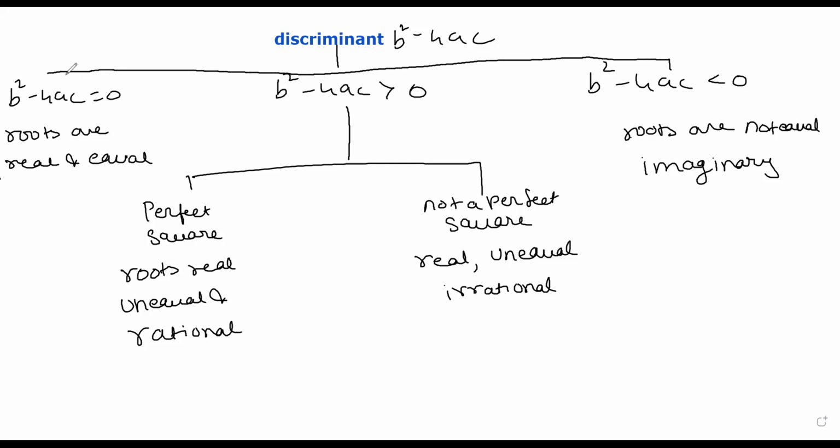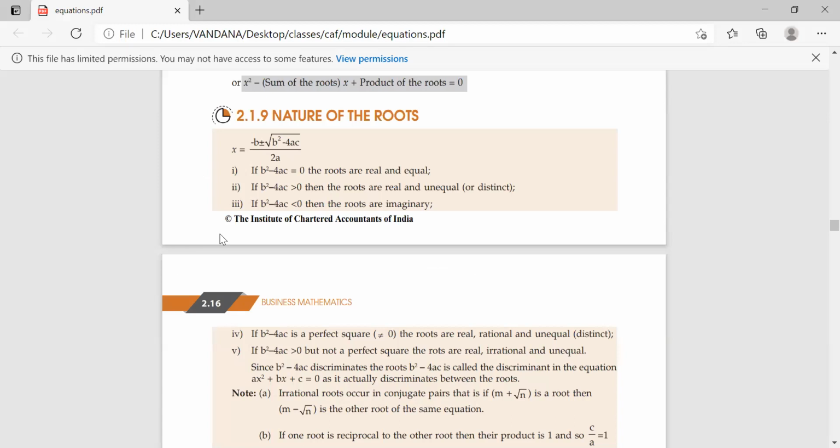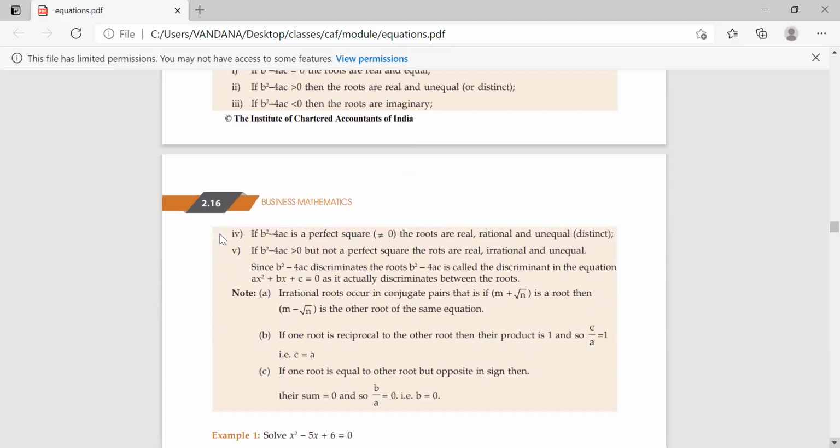Why we should know this? Because we may have MCQs based on these properties. So we must know them very well. Then next, irrational roots occur in conjugate pair. That is, if m plus root n is the root, then m minus root n is the other root.